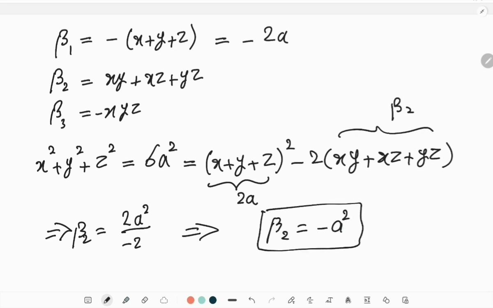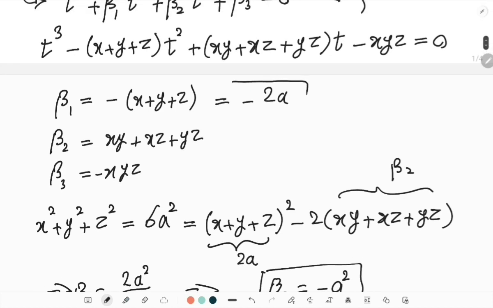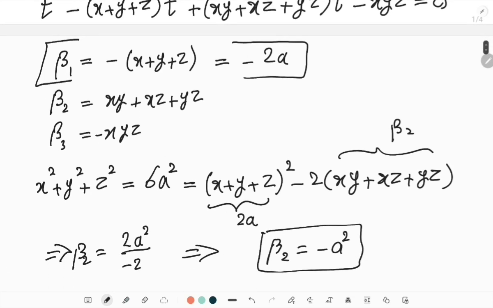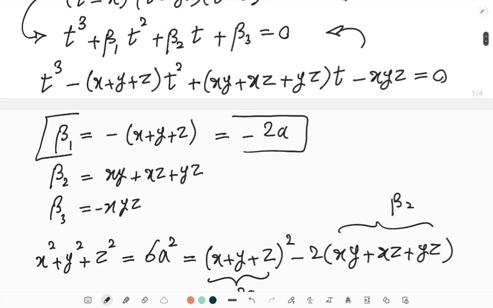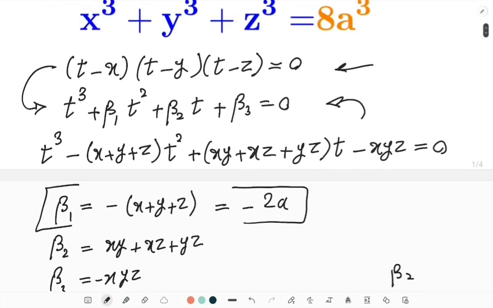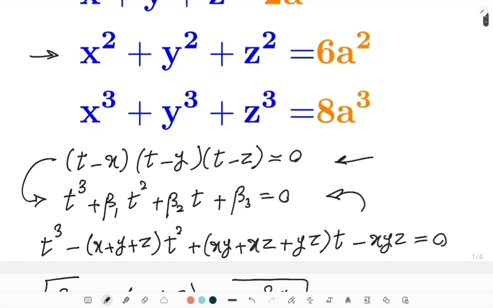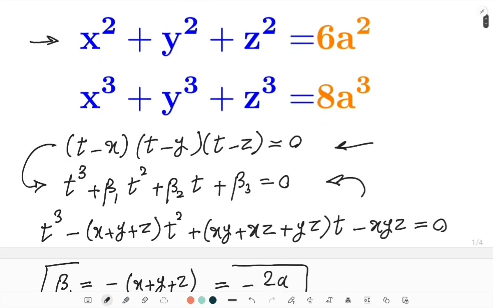I already also found beta 1 here, and I just need to find beta 3. As you can imagine, I already made use of the first and the second equations in the system, and somehow I have to also make use of the third equation, perhaps to find beta 3. Otherwise, it should not work.